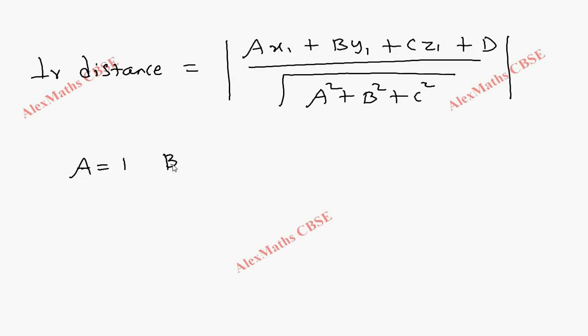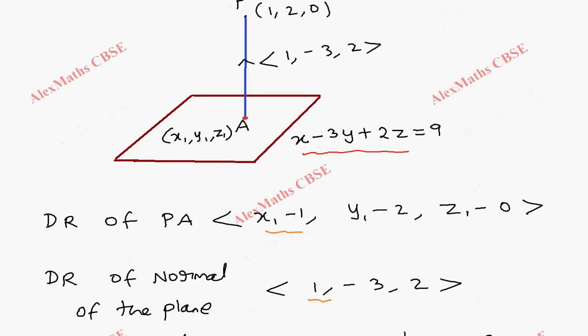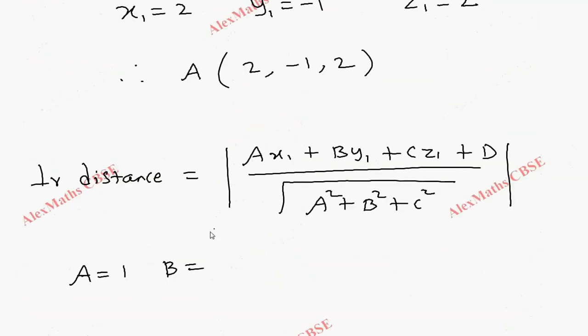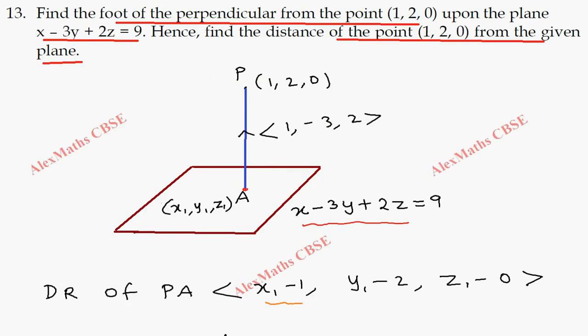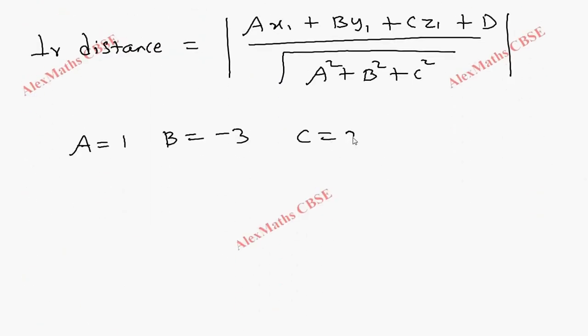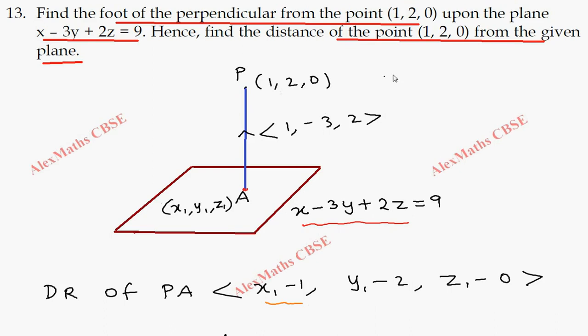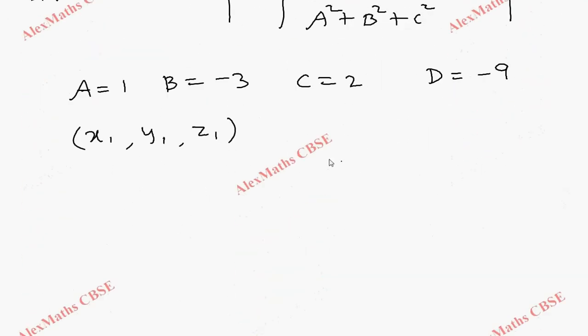Then b is the coefficient of y, which is minus 3, and c is the coefficient of z, which is 2, and d is, when the 9 is taken to the left side, minus 9. And the values of x1, y1 and z1 are from the point from which we are finding the perpendicular distance. The point is 1, 2, 0.